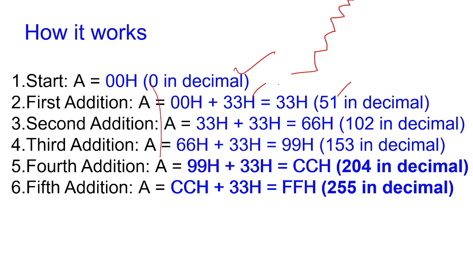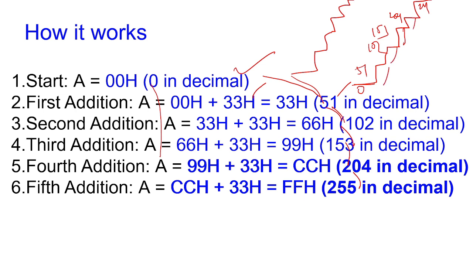So in the first transition you can see the first step 0 to 51. So we'll draw: 0, this is 51, the first step. Then here it is 102. Here 153. Then 204. Then 255. Here you can see the steps are fixed.